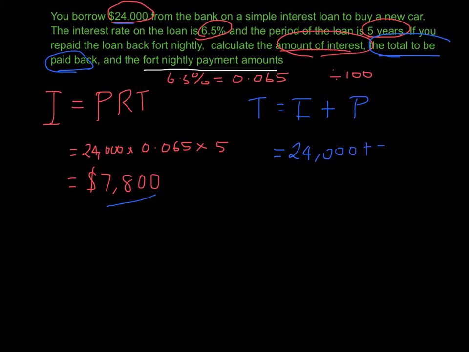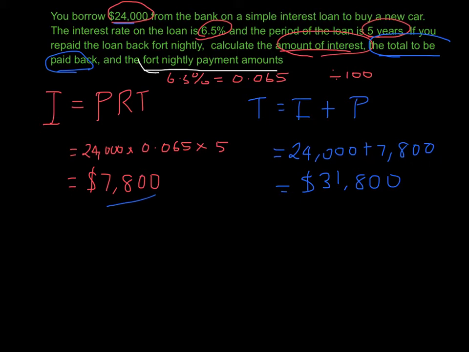We add the interest on top of the principal. $24,000 plus $7,800 is of course equal to $31,800. So that is the second part. That is the total that needs to be paid back to the bank. Principal plus the interest.